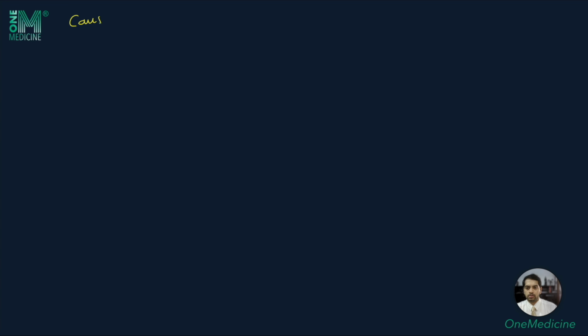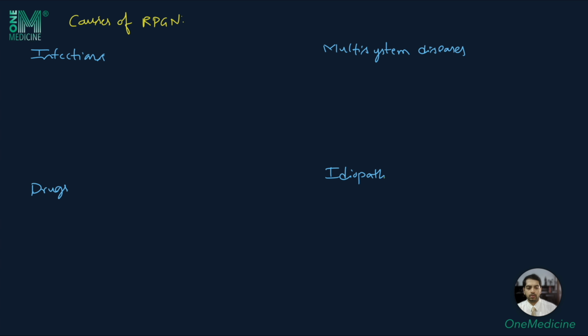Let's look at the causes of rapidly progressive glomerulonephritis. These are classified as infections, multi-system diseases, drugs, and even idiopathic or primary glomerular diseases.